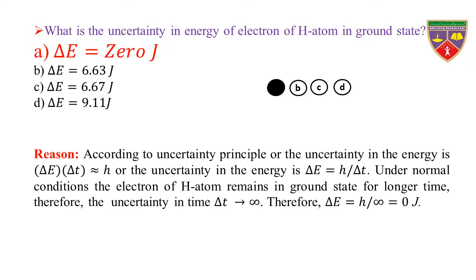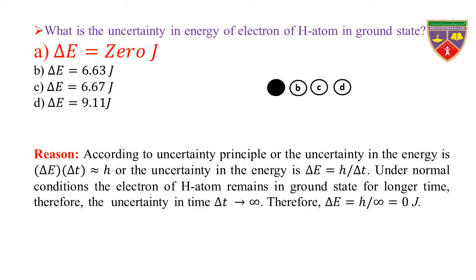Reason: according to the uncertainty principle, delta E times delta t is nearly h, where h is the Planck constant, or the uncertainty in the energy is delta E equals h divided by delta t.